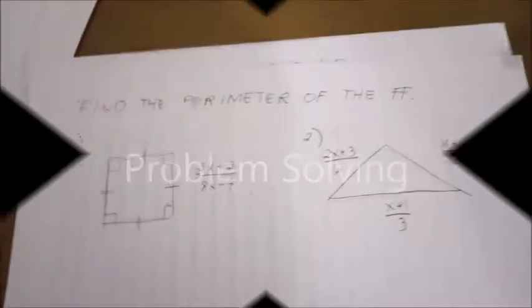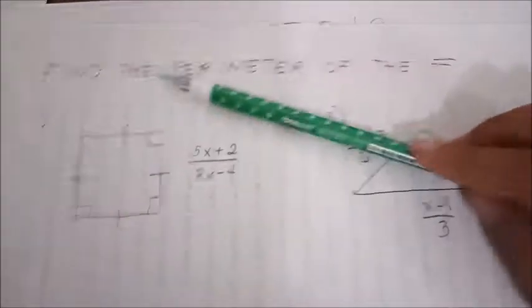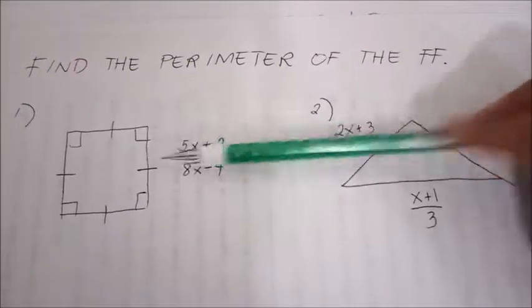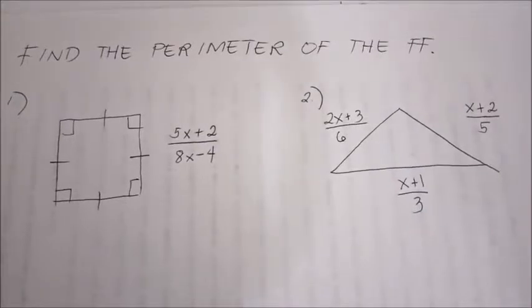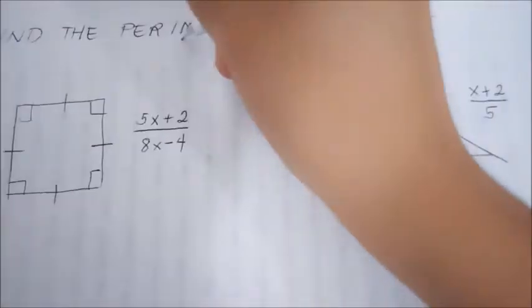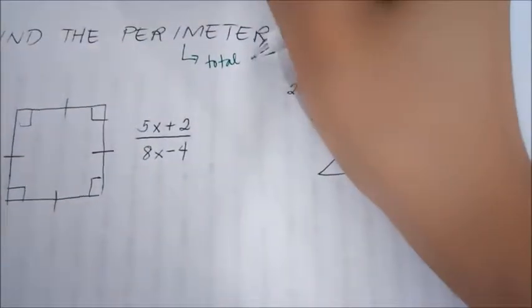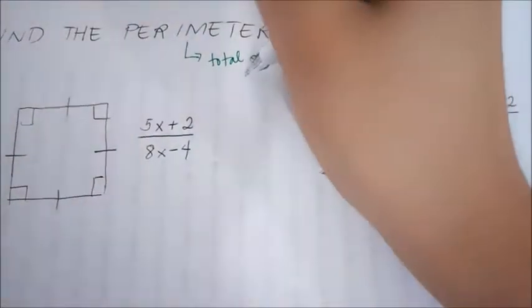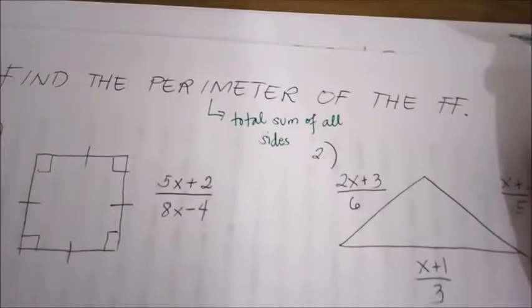Okay, so now let us apply your knowledge in some problems, okay? So you are now asked to find the perimeter of the given figures. Okay? Pag perimeter, tandaan, we are just talking about the total of all sides or measures of sides, diba?